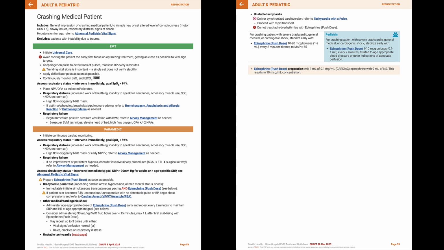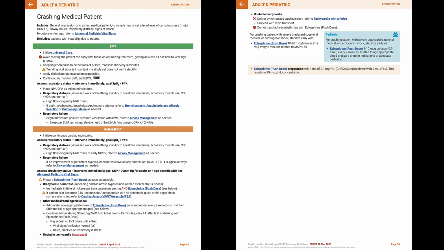Next, this guideline helps to enhance team coordination and communication through assignment of specific roles and responsibilities, creating a shared mental model for all crew members to understand what the priorities are, and it helps to standardize communication during handoff to the hospital. Finally, we're looking to increase confidence and reduce stress by providing a roadmap that focuses on execution of tasks and hopefully providing clarity under pressure. This guideline transforms high-pressure emergencies into a more predictable, well-managed situation.